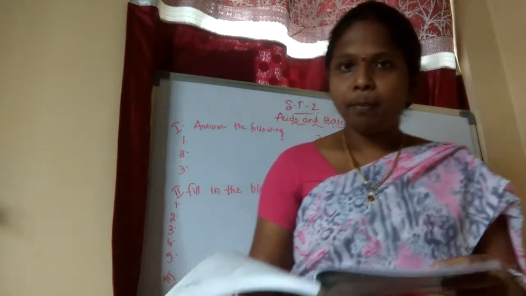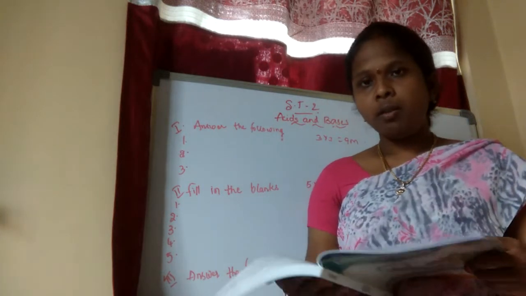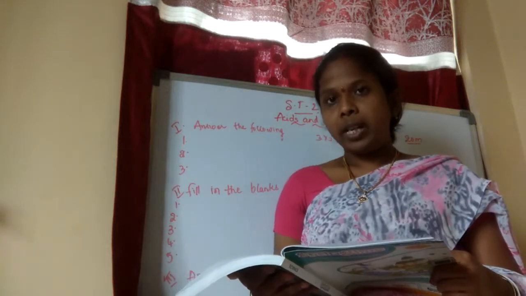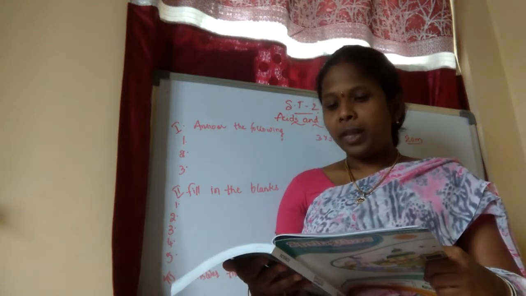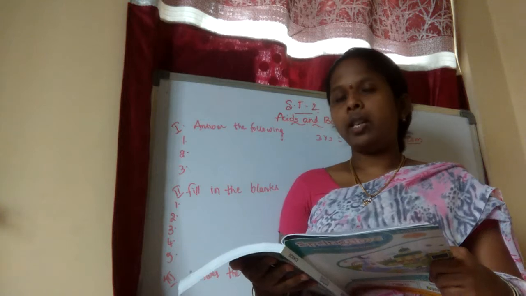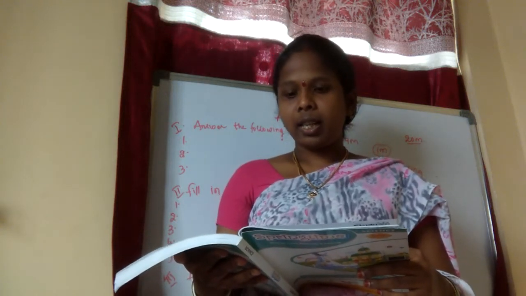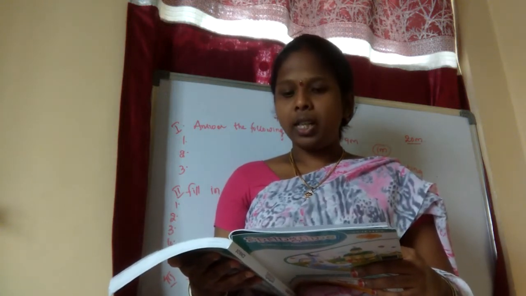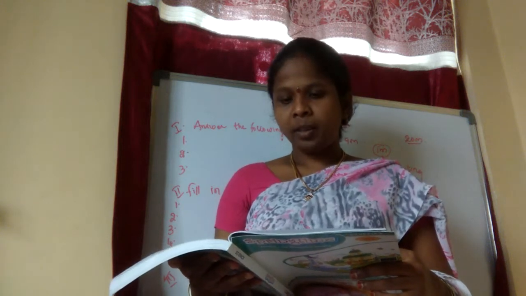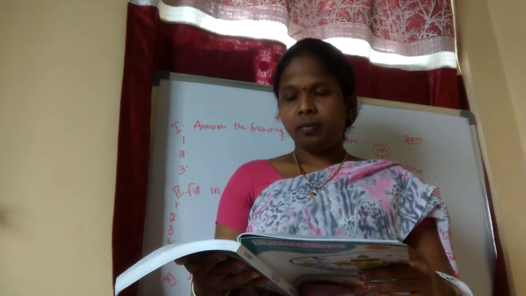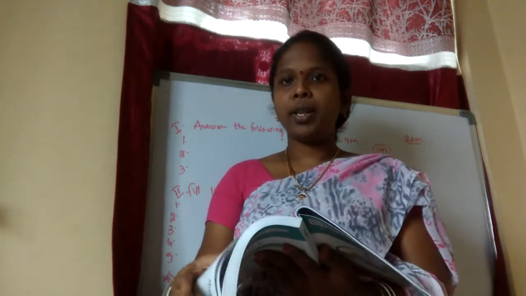Prepare a report. So once again, visit a doctor, find out the medicines she prescribes to treat acidity, ask her how acidity can be naturally prevented, and prepare a report. So 3 questions and answers completed now.